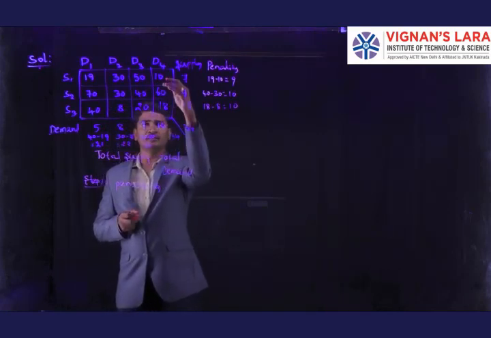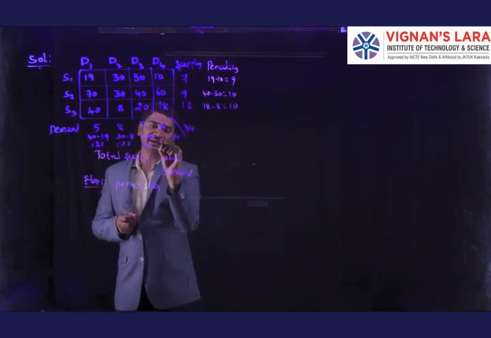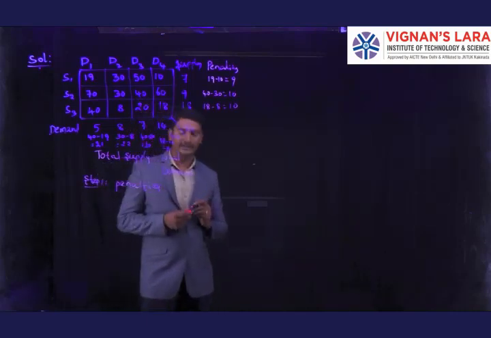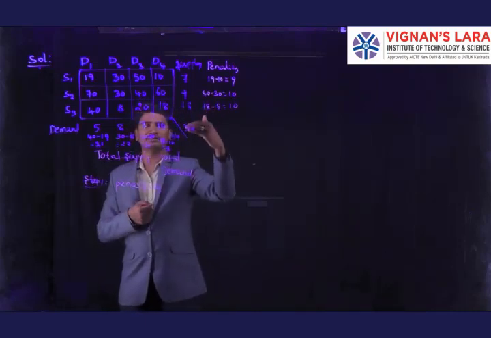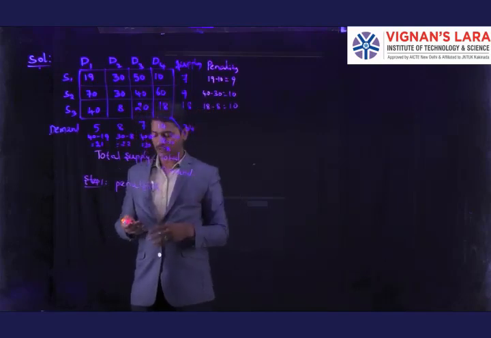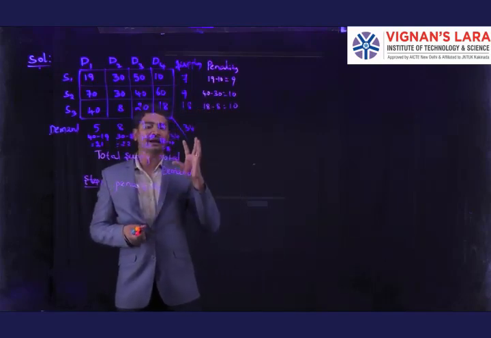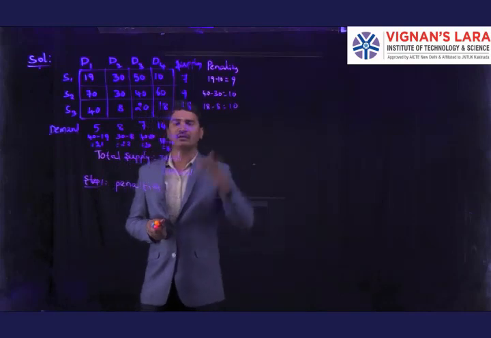Next, the final column: 10 and 18, meaning 18 minus 10, which gives 8. Now the penalties are calculated from this table. Now you have to identify the highest penalty value from the rows and columns.